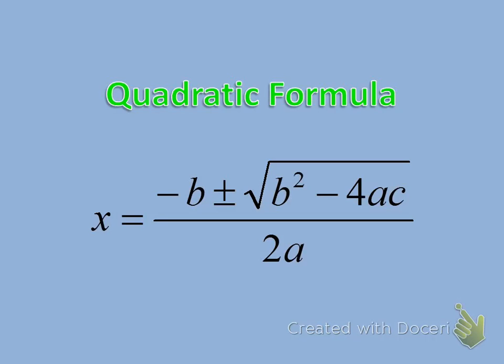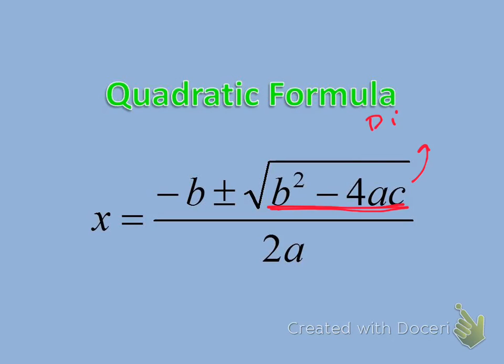We'll learn this later on in the lesson, but I want to make a note of it right now. This part right here, the b squared minus 4ac part, not the square root itself, but just the b squared minus 4ac, has a special name.